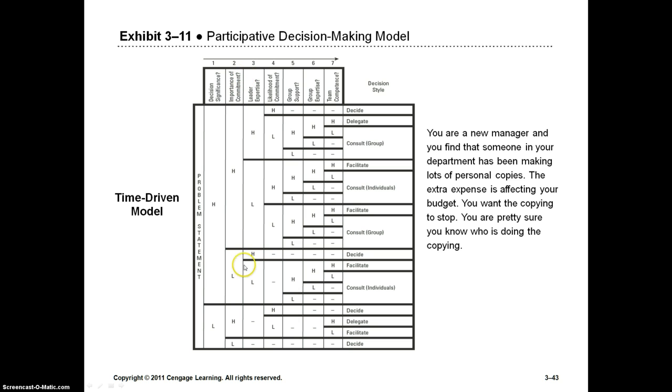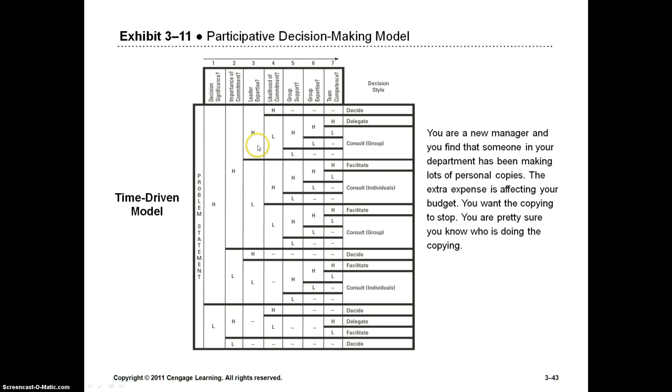Second question is importance of commitment. We would answer low. For that particular set of answers, these dashes tell us that we would not answer questions 3, 4, 5, 6, or 7, and we would go straight to the actual style, and that style would be decide.